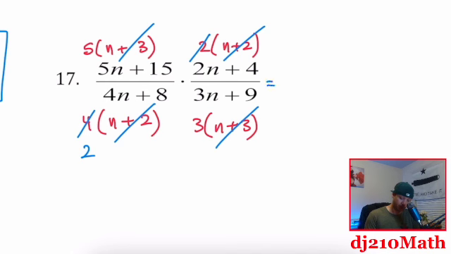So final answer, remember this is being multiplied. So what's left? I'll highlight it. 5, 2, and 3. So 5 on top over 2 times 3, 6.